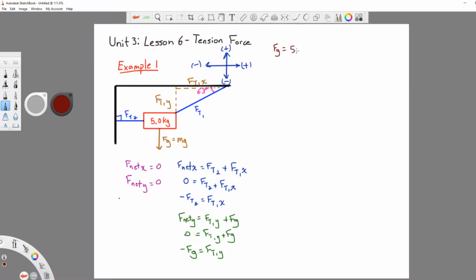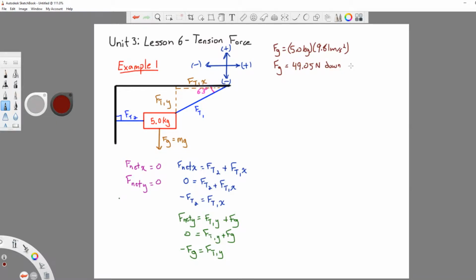So 5 kilos times 9.81 meters per second squared. Okay, so we plug that into our calculator and we end up getting force of gravity equals 49.05 newtons. And that is down.